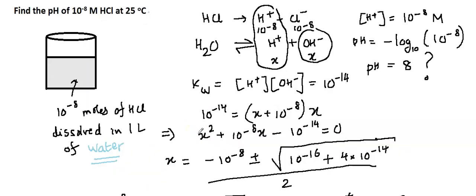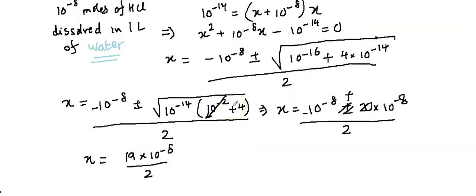Now, what is my H plus ion concentration? It's x plus 10 power minus 8. Correct? So, concentration of H plus is x, which is 9.5. Hope I'm right. Yes, 9.5 into 10 power minus 8 plus 10 power minus 8.